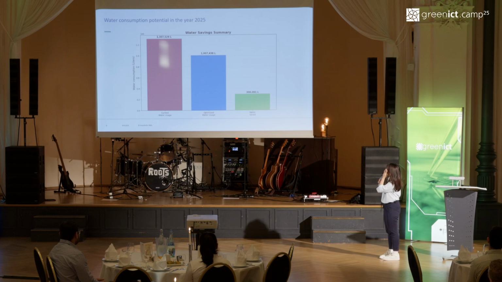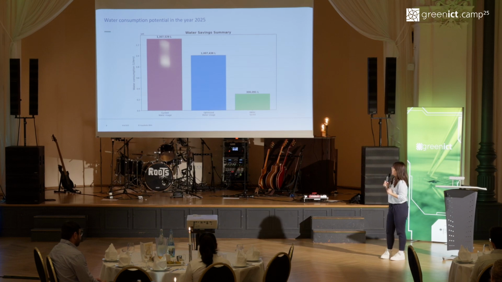Okay, so this shows you how much water would have been saved by using our method, by merging several lots. And you can see that it's quite a significant amount of water, which could have been saved within the last 8 months only. This is a reduction by 23%, which amounts to about 300,000 liters of water.